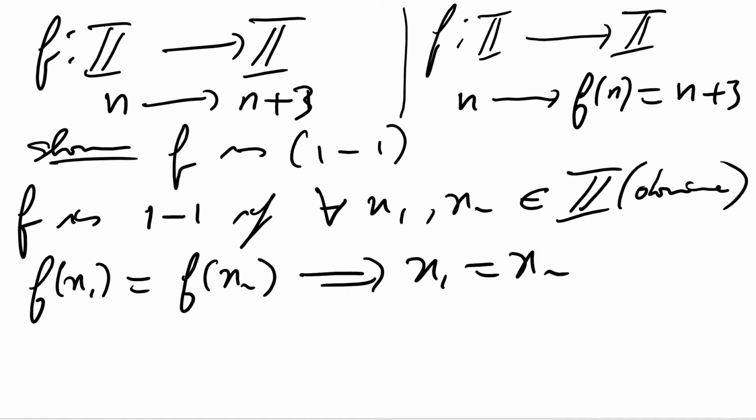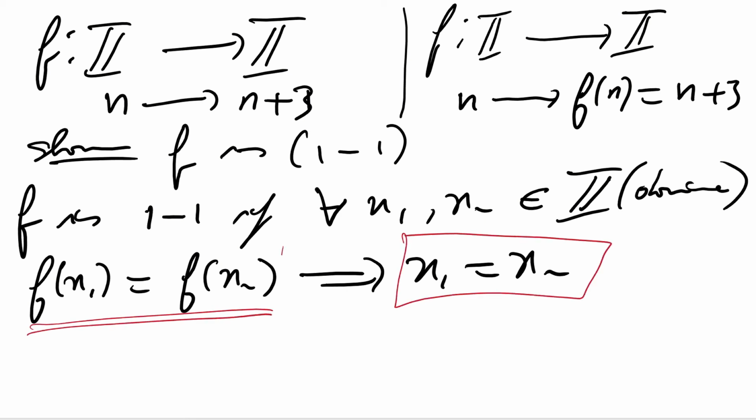So basically we are going to assume this, then try to prove this expression. We assume this to be true, then we want to show that this is also true. So if f of x1 equal to f of x2 gives x1 equal to x2, then we conclude.